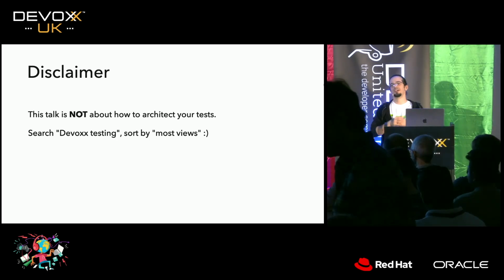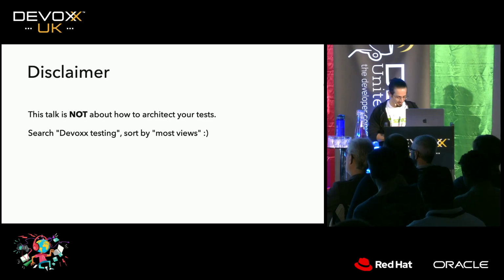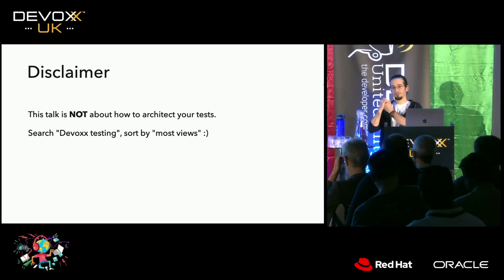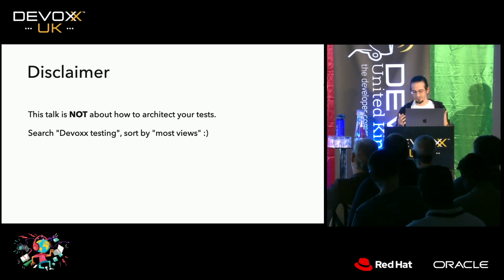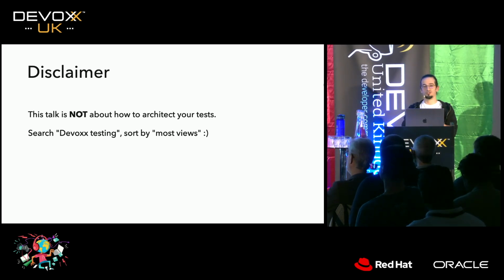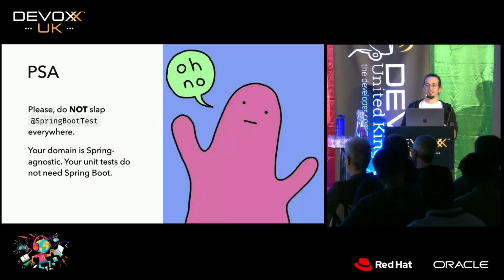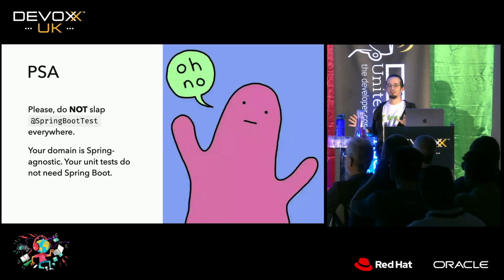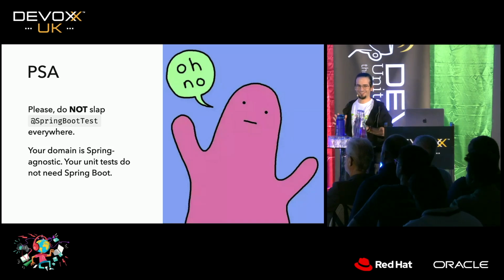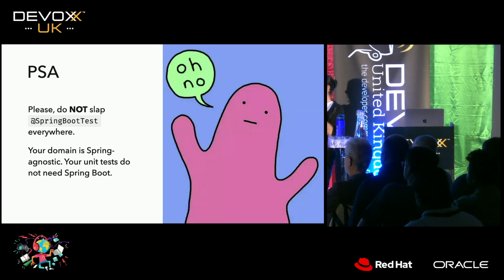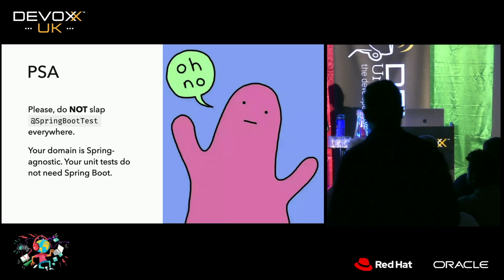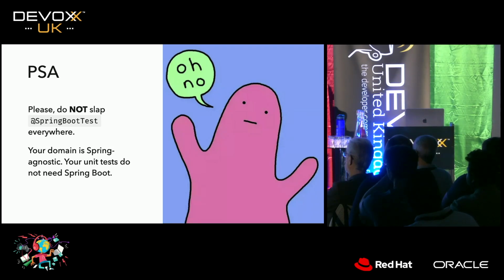Today, it's all about testing Spring Boot applications. So we are going to be showing Spring Boot tests a lot, and Spring-specific stuff. But please do not take away from the session that you want to put Spring Boot tests everywhere. Do not do this. This is at the margin. Your domain is not Spring specific. Your domain should not care about Spring.